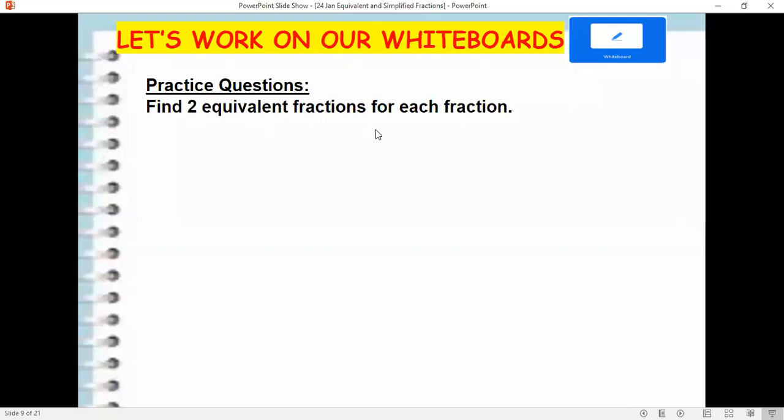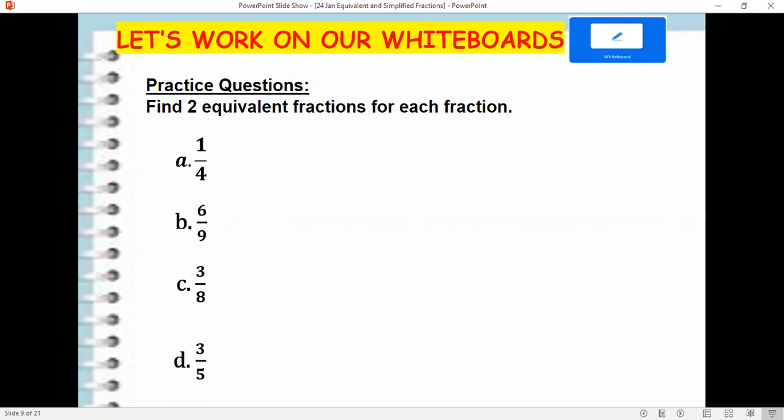Okay, can you find 2 equivalent fractions for each fraction below? Pause your video and try to find 2 equivalent fractions for each. Okay, so remember, whatever number you multiply in the numerator, do the same in the denominator. Pause your video and you can try to answer this one.